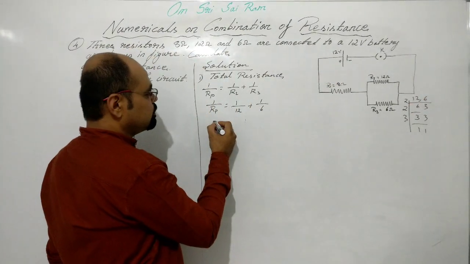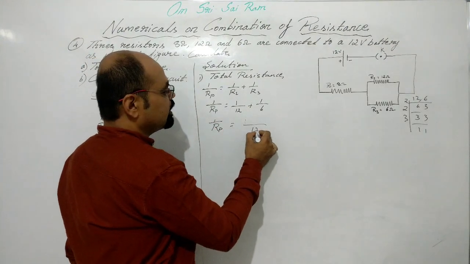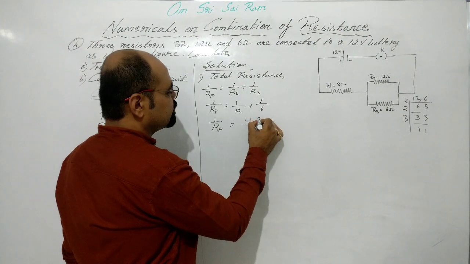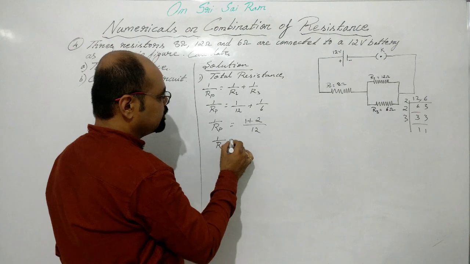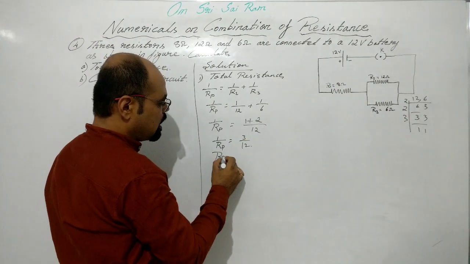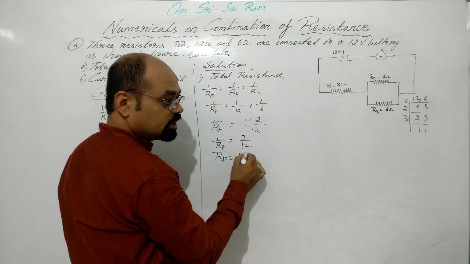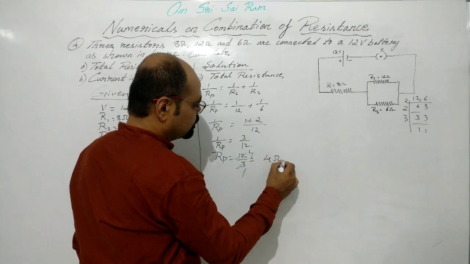12 is the LCM, so for 1 by Rp we write 12 as the LCM, so 1 plus 2, which is 3 by 12. 1 by Rp is equal to 3 by 12. We need Rp. Rp is equal to 12 by 3, that is 4. So we get 4 ohms.